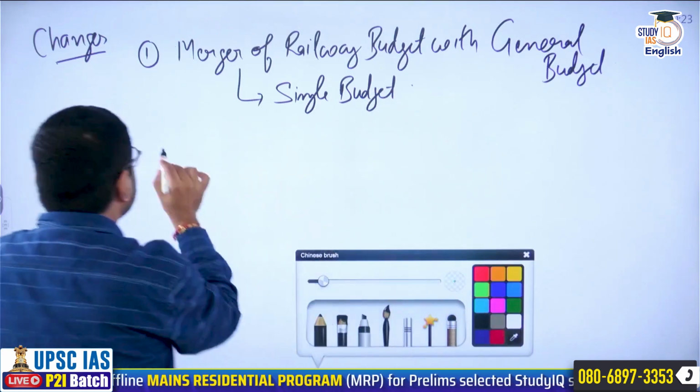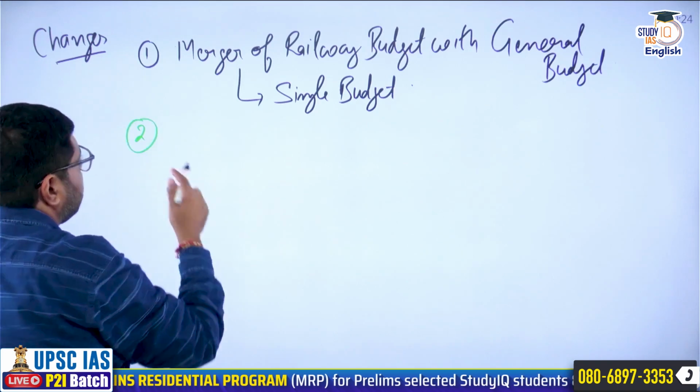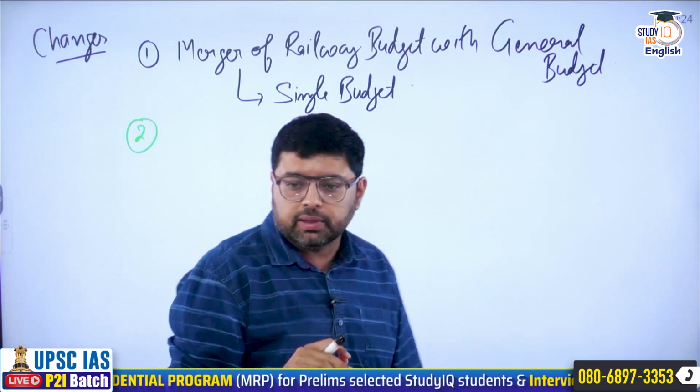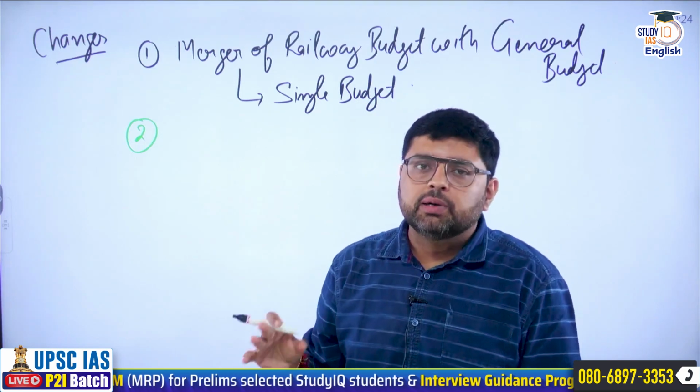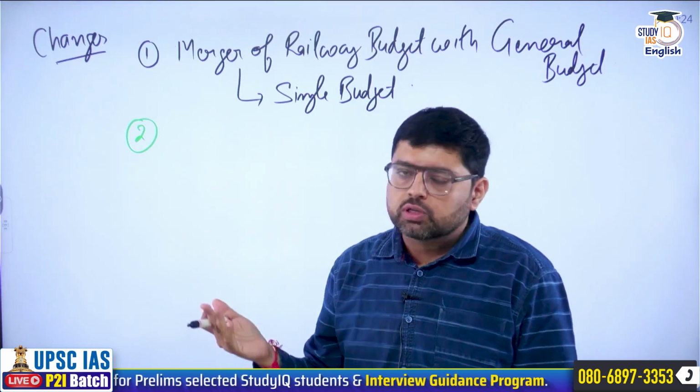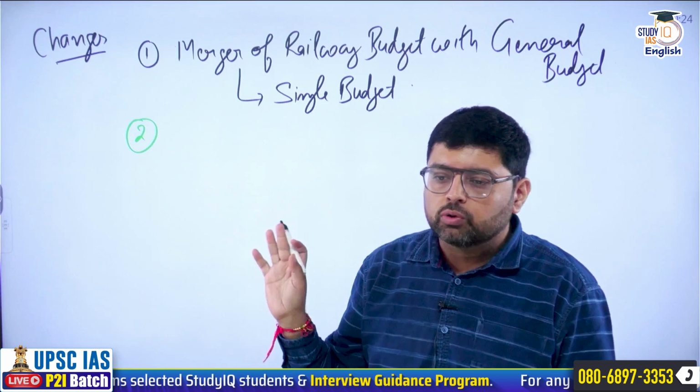Now second, we have done away with plan and non-plan expenditure. Earlier we had plan and non-plan, although this change was done just before 2015. This was done in 2012-13 itself.